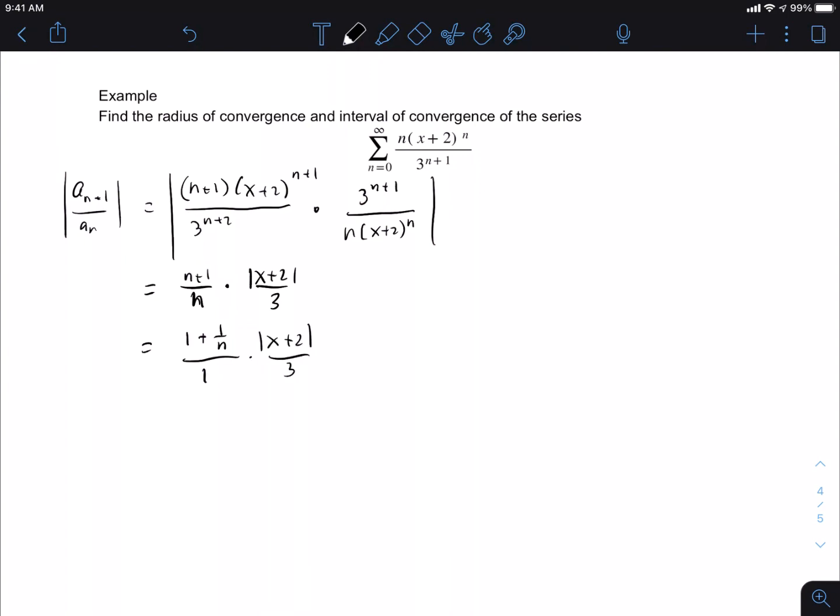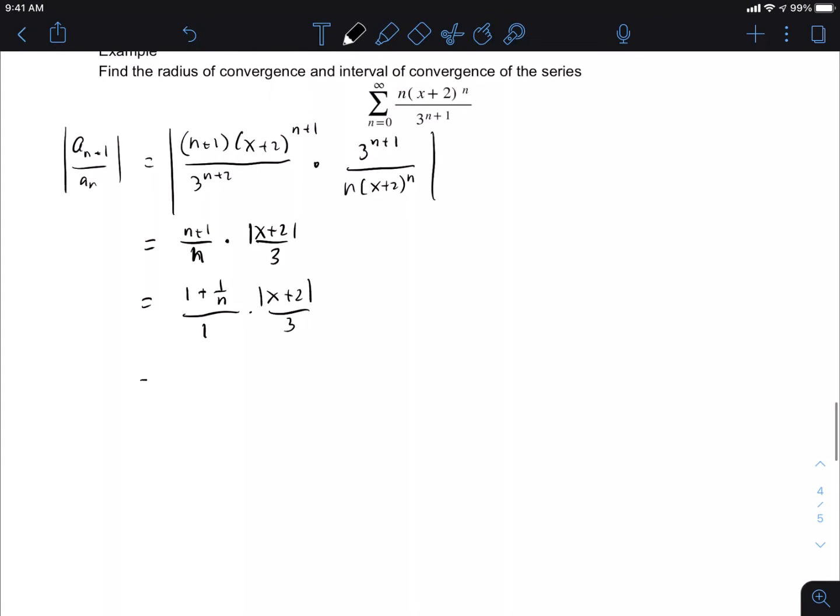Right, and again, if we take the limit of this, we see it's just going to be 1. So as we take the limit of that, we should get 1/3 the absolute value of x plus 2, as n goes to infinity again. So we can see something cool.